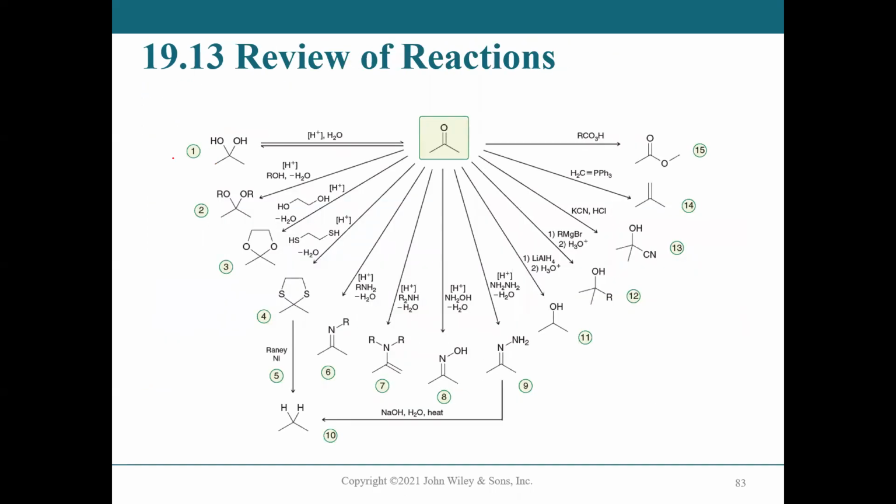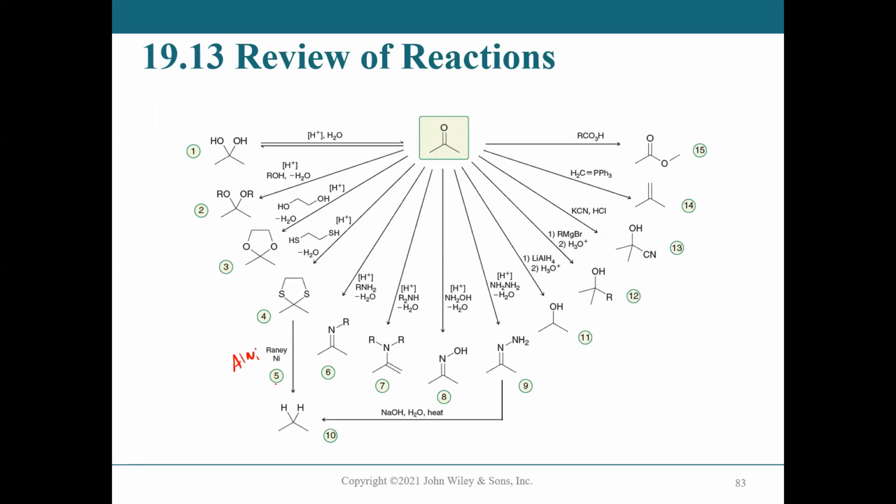Reaction 1 is the hydrate formation. Reaction 2 would be the acetal formation. Reaction 3 is a cyclic acetal formation. Reaction 4 is a cyclic thioacetal formation. Reaction 5, remember Raney nickel is aluminum nickel.